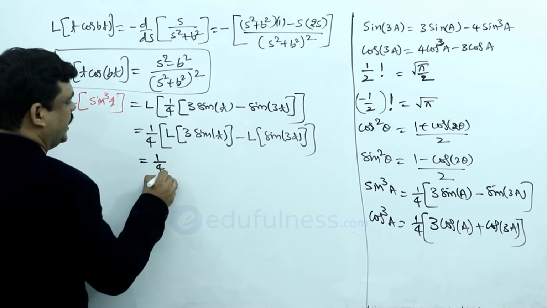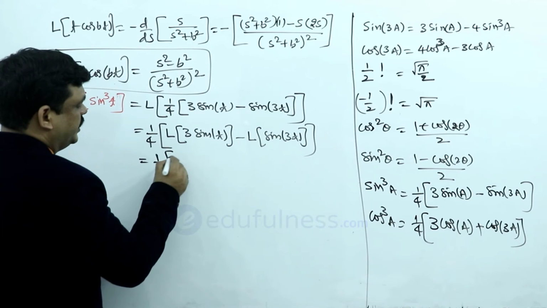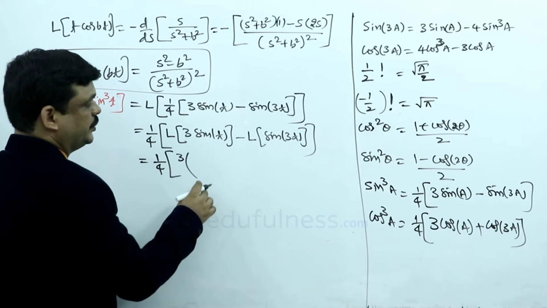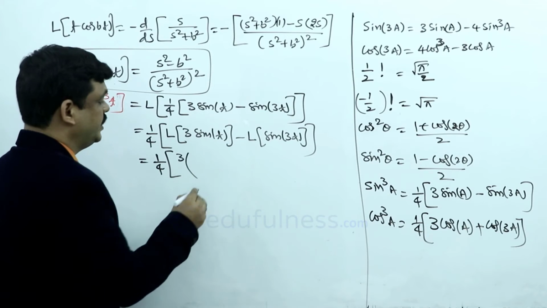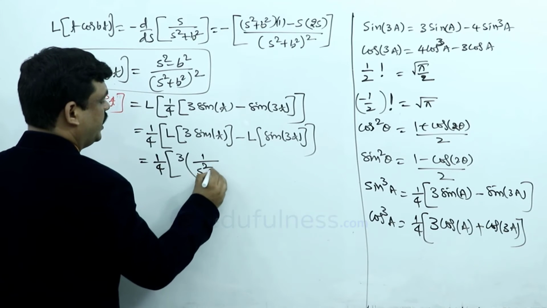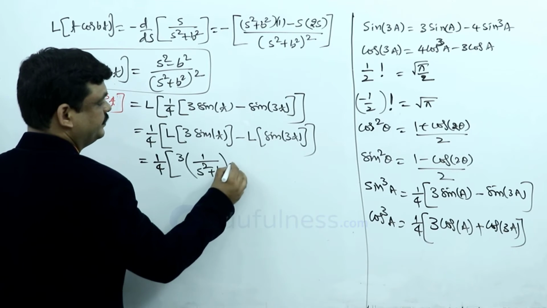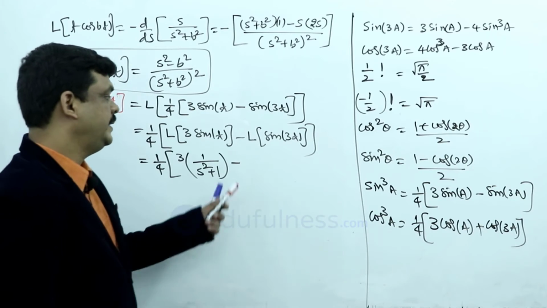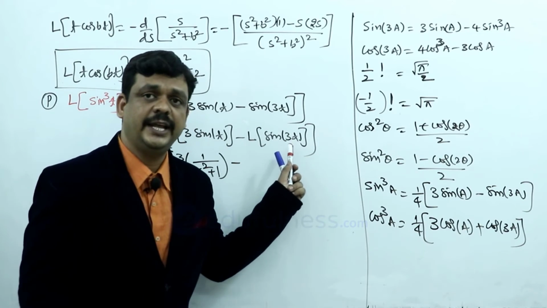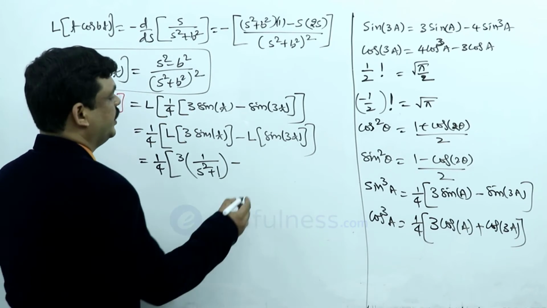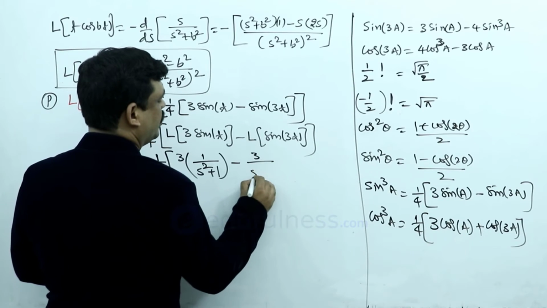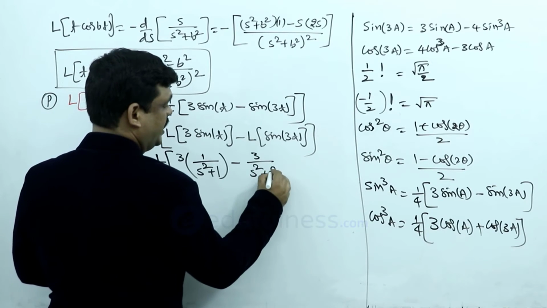From that directly we can write here 1 by 4 into 3 is constant, 3 into, here b is how much? 1. So 1 by a square plus 1 square, minus Laplace transform of sine 3t, here b value is 3. So b by a square plus b square is here 9.